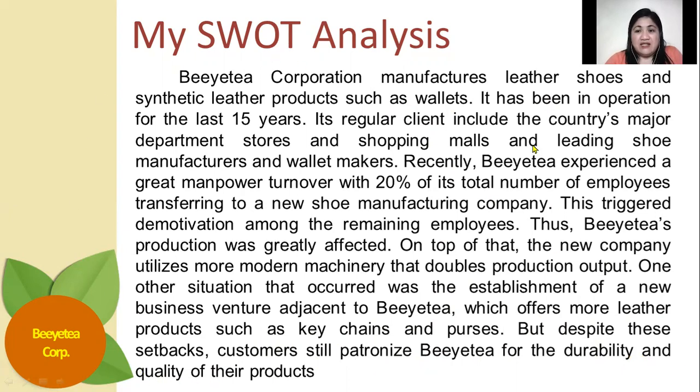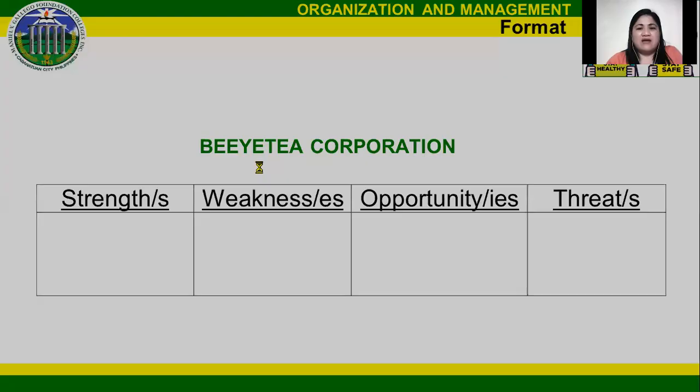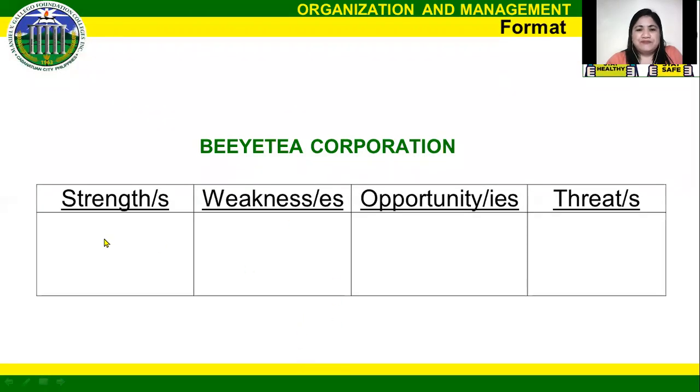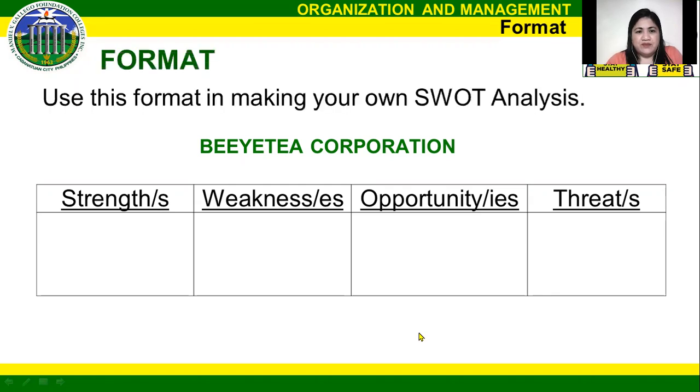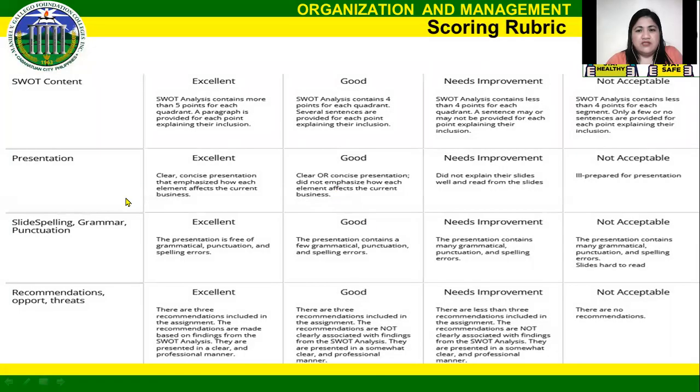So, ayan. Nandyan, nakasama dyan yung strength niya, weakness, opportunities, at saka threats. Hahanapin nyo lang isa-isa gamit ito pong format na to. So you have a table for strength, weakness, opportunities, and threats. And you will be graded using this rubric.